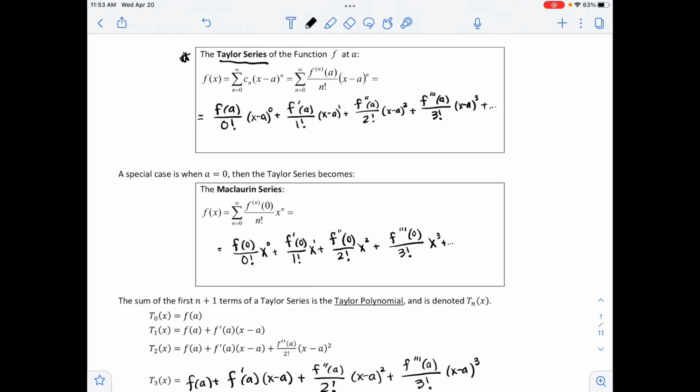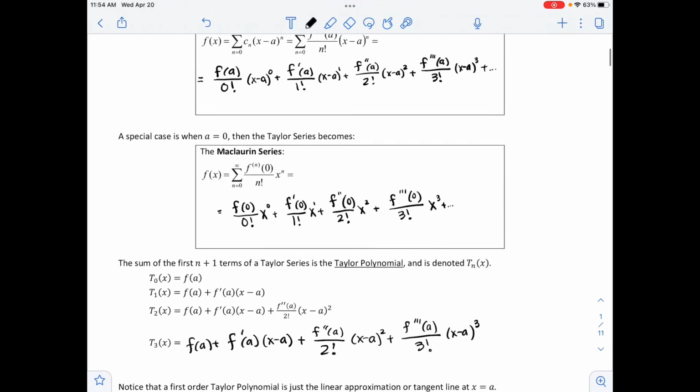Expanding this out, we have first n is 0, so we have f, our function evaluated at a, divided by 0 factorial, which is just 1, times x minus a to the 0 power. Then we have the first derivative evaluated at a divided by 1 factorial times x minus a to the first, plus the second derivative of f evaluated at a divided by 2 factorial times x minus a squared, plus the third derivative of our function evaluated at a divided by 3 factorial times x minus a to the third, and this would continue on.